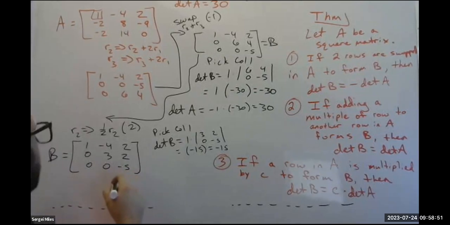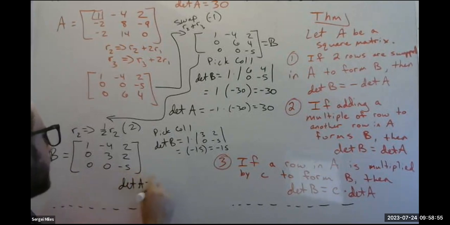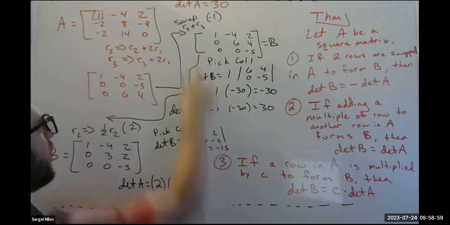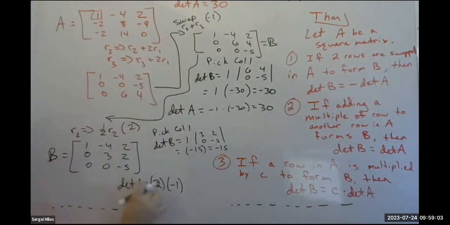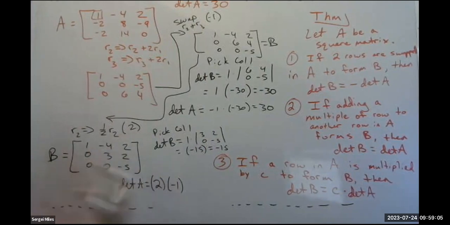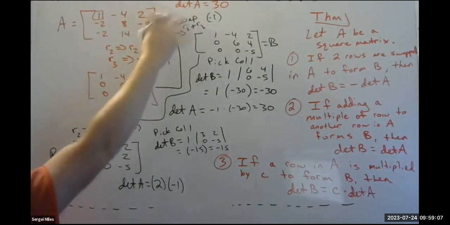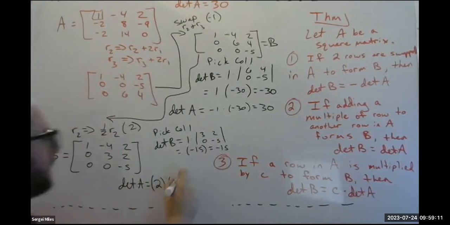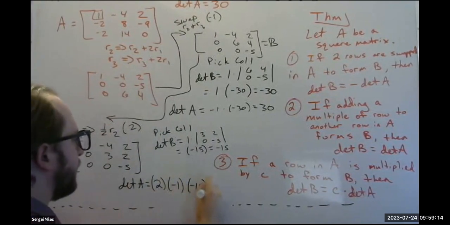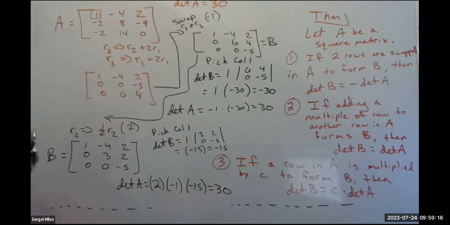So the determinant of A, of the original matrix, is 2 times, and I need to flip the sign because that's what I did up here. So sometimes if you do multiples of these operations, you might have to correct it multiple times at the very end. You swapped rows, and we did a scalar, so I need to do both to correct it. Multiply it by -15 to get the original answer, 30.